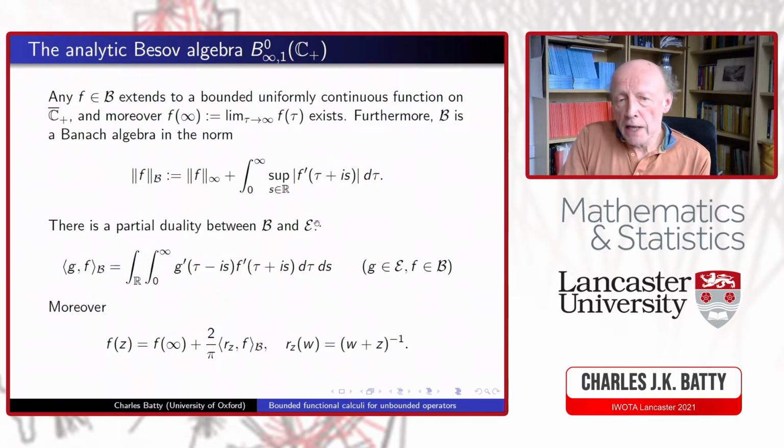There is a partial duality between the spaces B and E, which means that if we have a function g in E and a function f in B, we can write down a formula, here it is, which makes sense because of the proper definitions of B and E. This integral is absolutely convergent, and this is clearly bilinear. It's linear in both f and g.